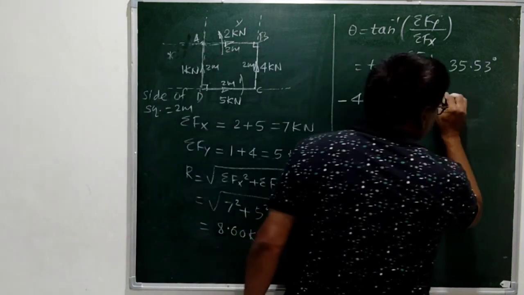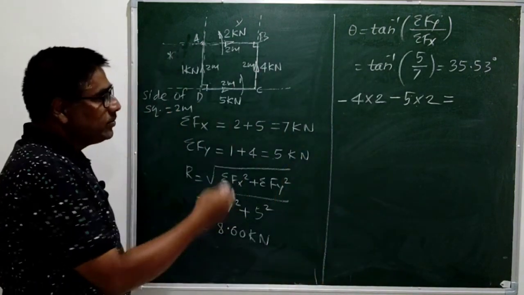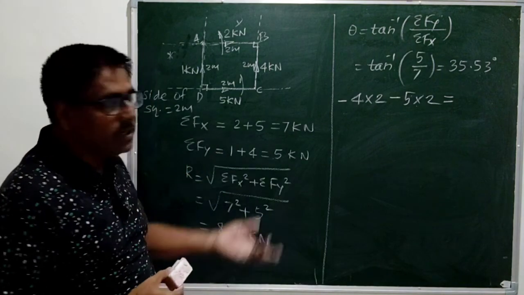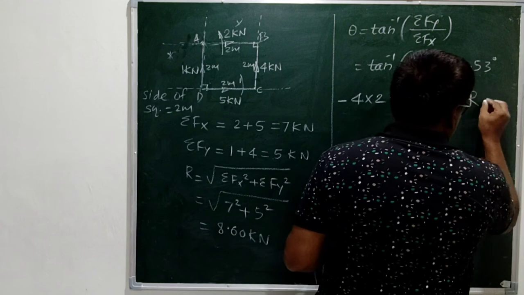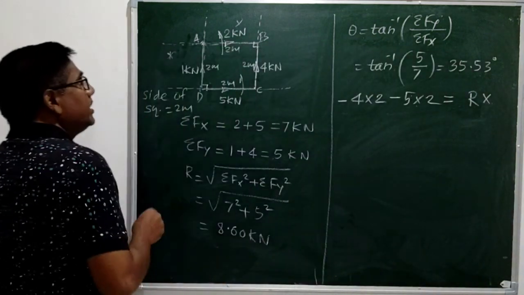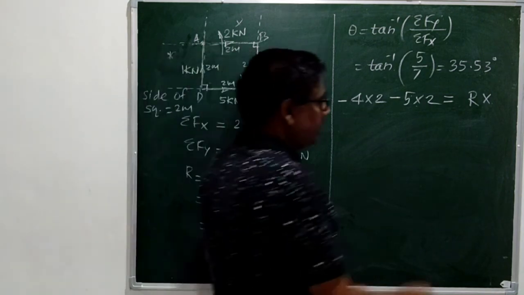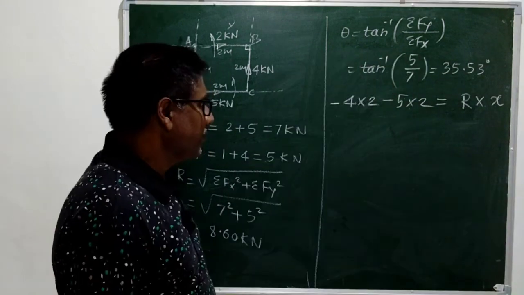It is to be equated with the moment of the resultant. The algebraic sum of moments of all the forces about any point is equal to the moment of their resultant. The resultant value is R, and say this resultant is located at x distance with reference to A.